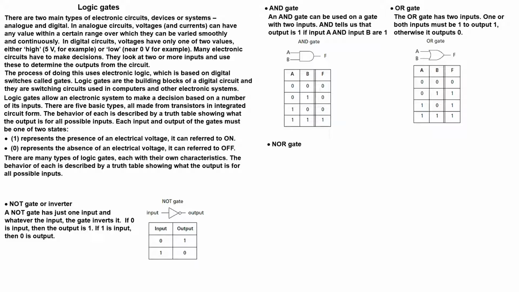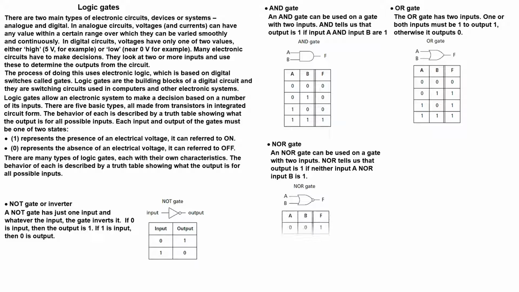NOR gate. A NOR gate can be used on a gate with two inputs. NOR tells us that output is 1 if neither input A nor input B is 1. The truth table looks like this. NAND gate.